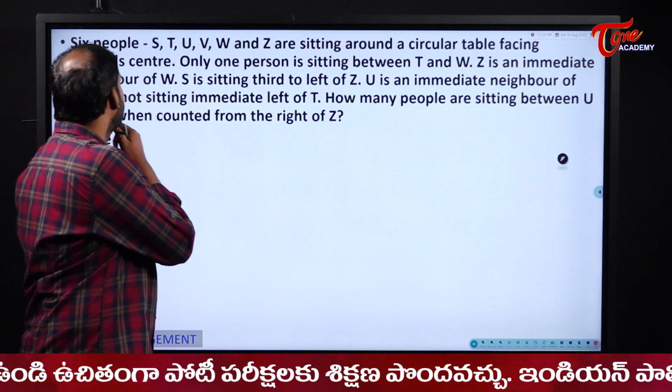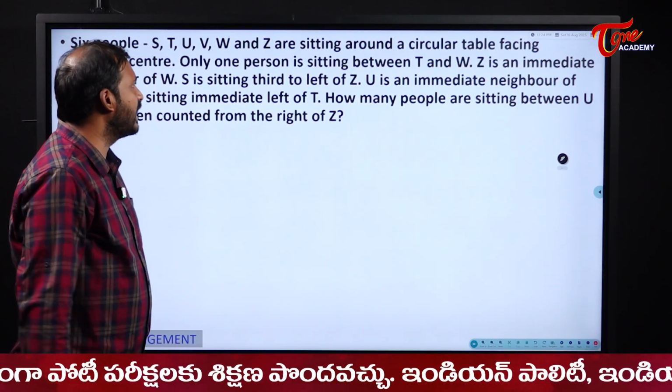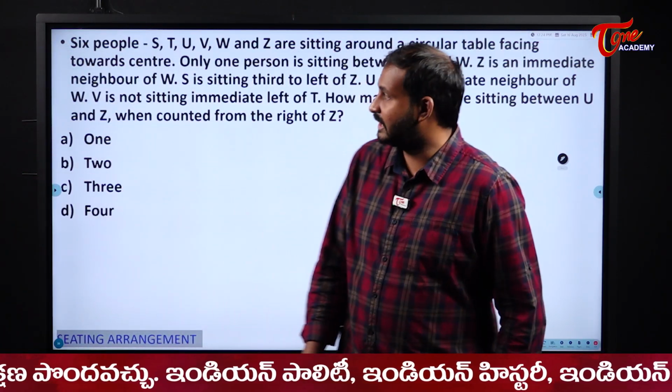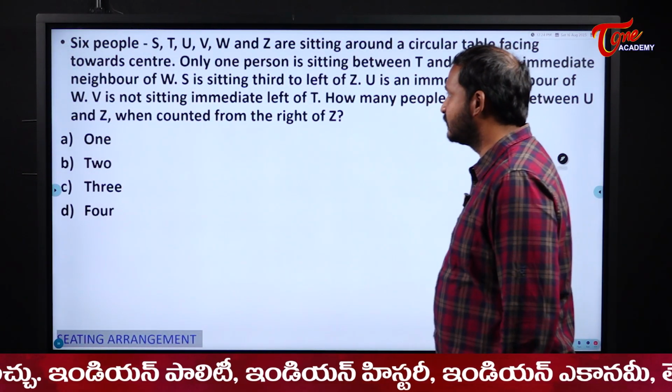Now, see here. 6 people S, T, U, V, W and Z are sitting around a circular table, all facing towards the center.